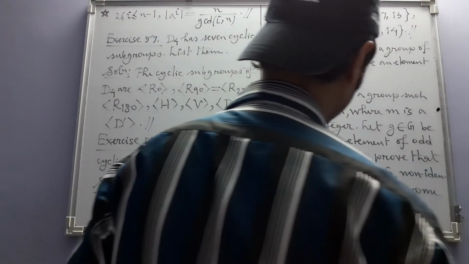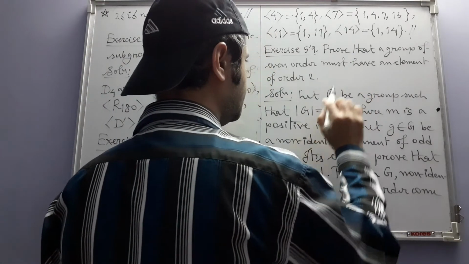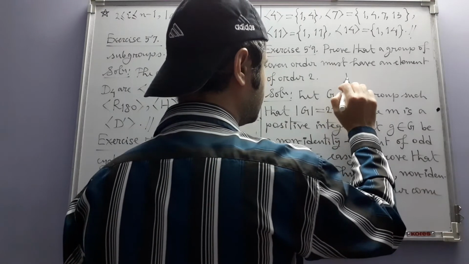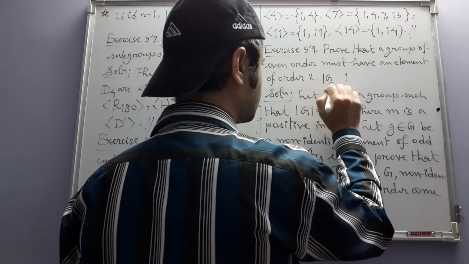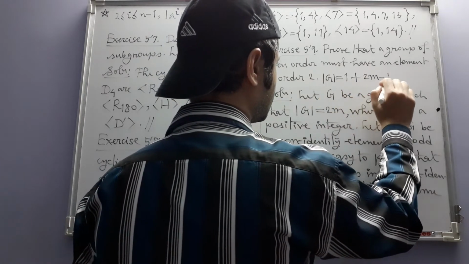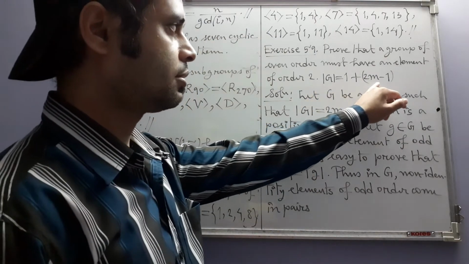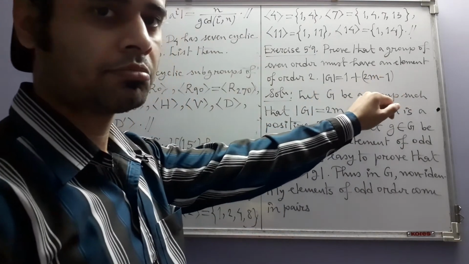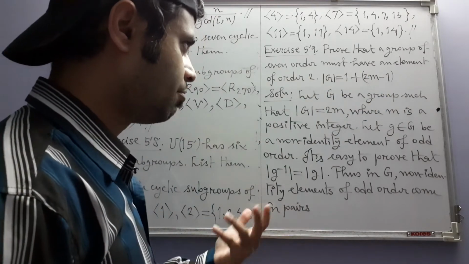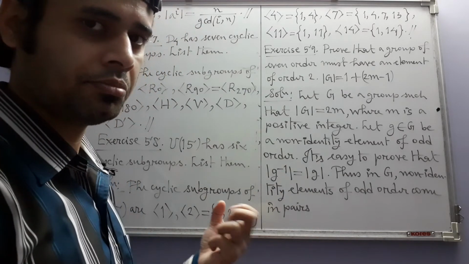So what does that mean actually? It means that, see, in G of course we have the identity. So apart from the identity, there are an odd number of non-identity elements, and the ones among them having odd order come in pairs.